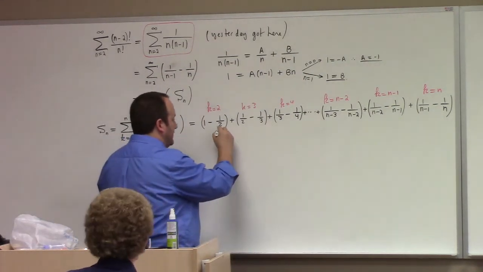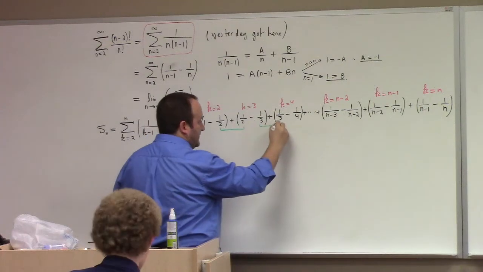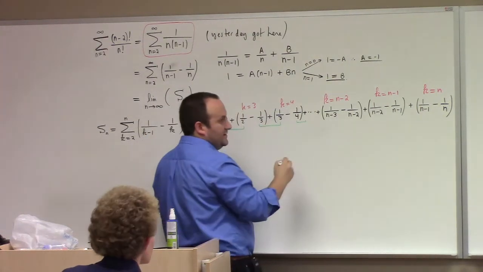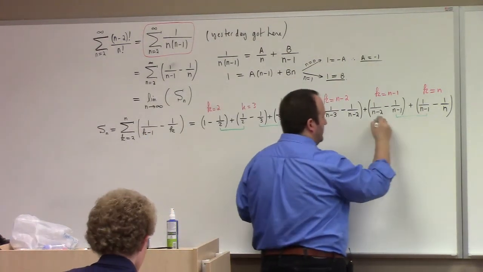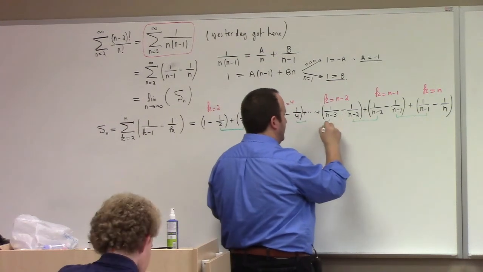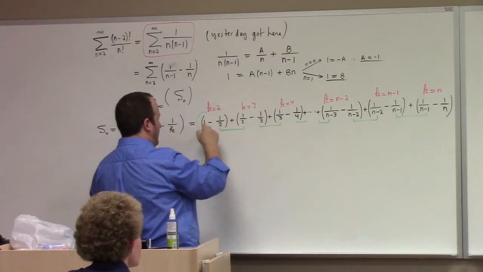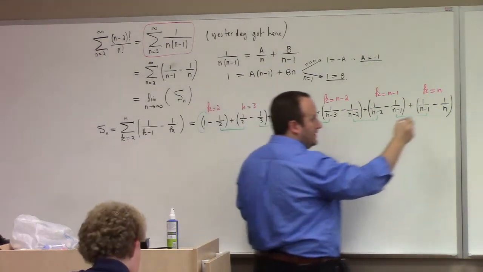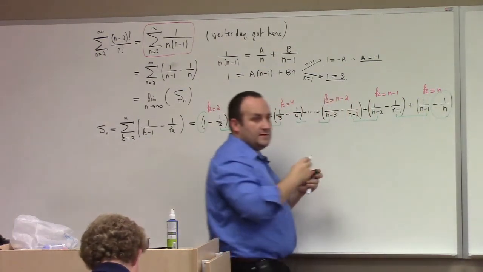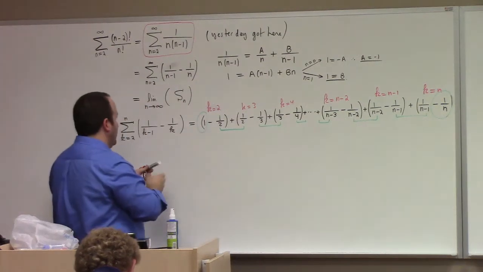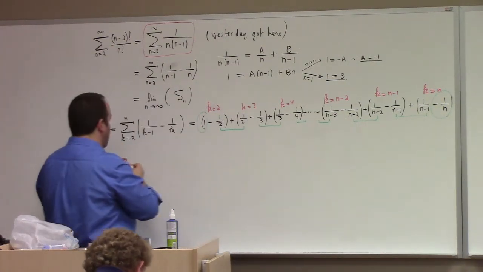So this right here cancels. This cancels with something we don't see, right? These cancel. This cancels with something we don't see. All we're left with is what? This guy and this guy. So the nth partial sum here is actually pretty easy to calculate.